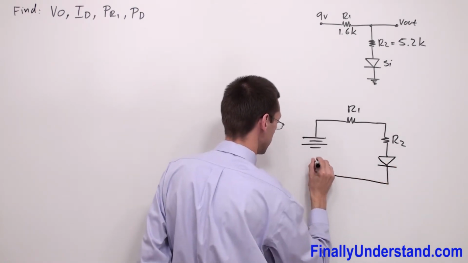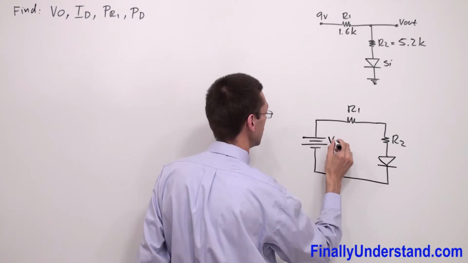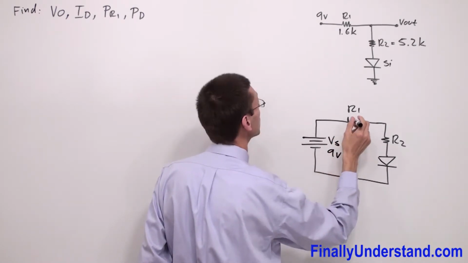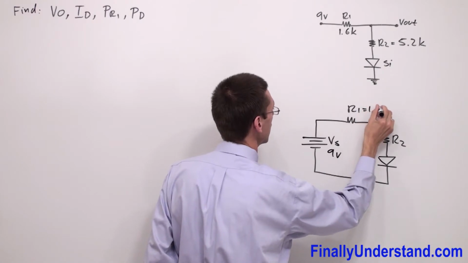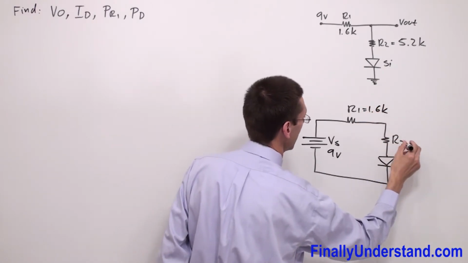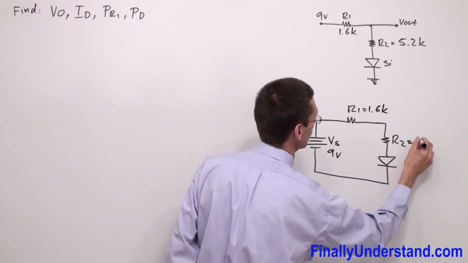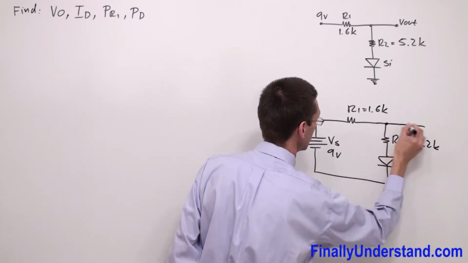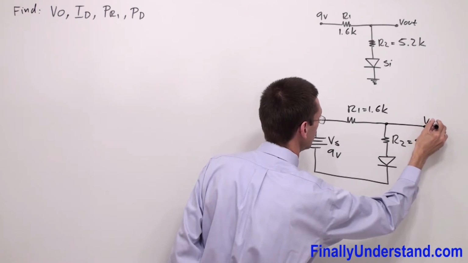Okay, so this is my voltage source, which is 9 volts. R1 is equal 1.6 K, R2 is equal 5.2 K, and this is my output terminal, V out.